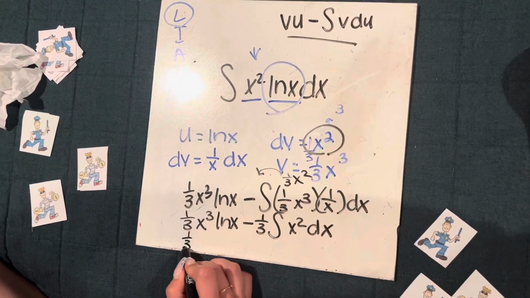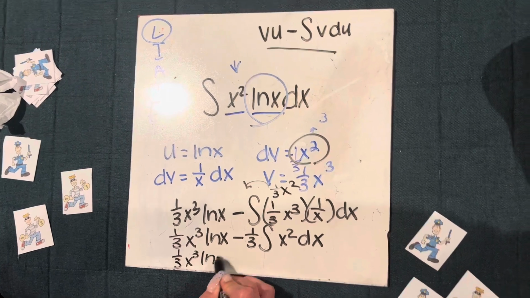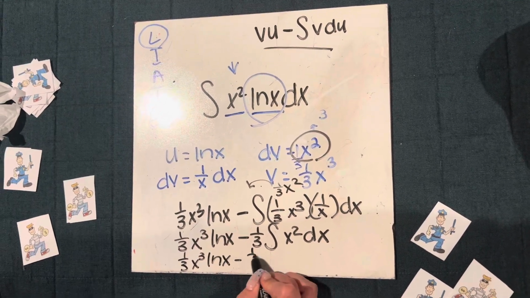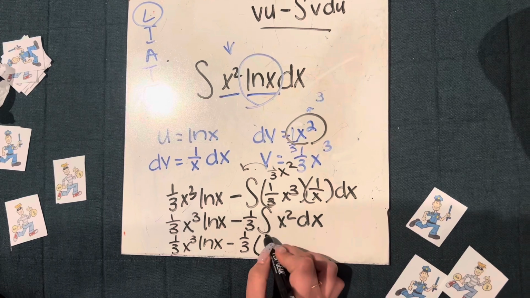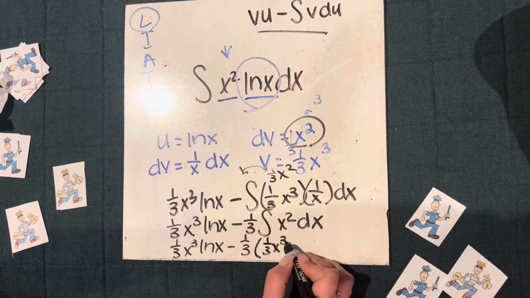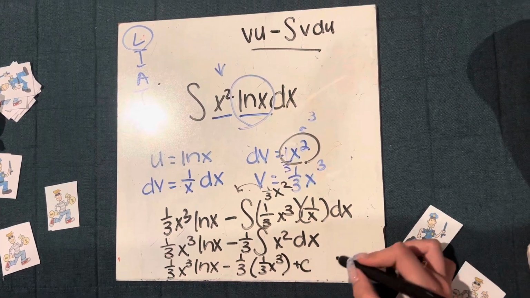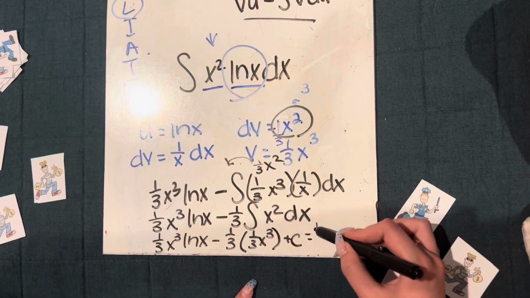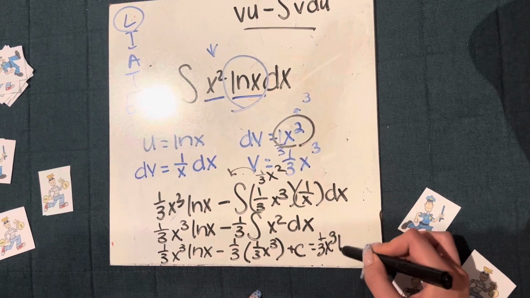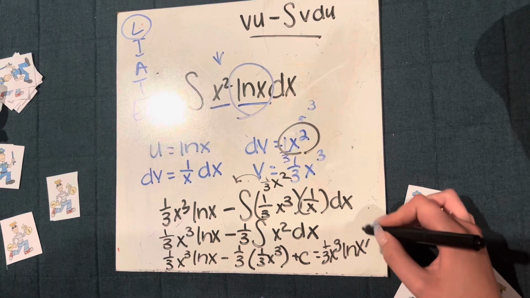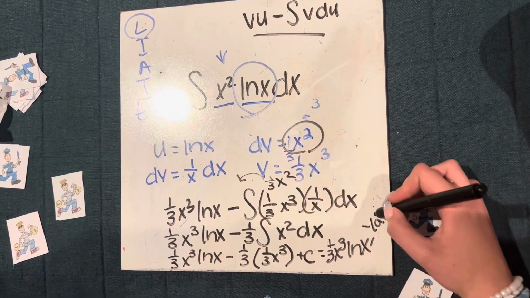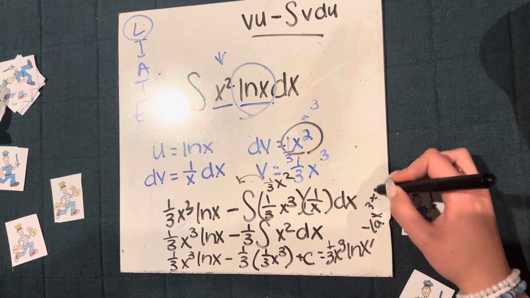So it says 1/3 x cubed times the natural log of x minus 1/3 times 1/3 x cubed plus c, which is 1/3 x cubed times the natural log of x minus 1/9 x cubed plus c.